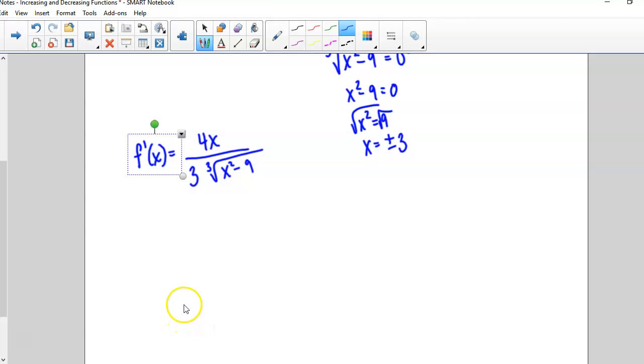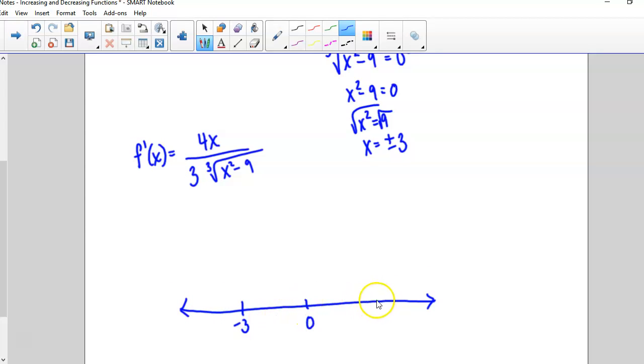I'm going to do a number line and put negative 3, 0, and 3. So I have 4 different sections that I've got to test: everything below negative 3, numbers between negative 3 and 0, numbers between 0 and 3, and the numbers above 3. I could do like I did on the last problem and just plug those numbers into this equation, and if you would rather do that, that's fine.